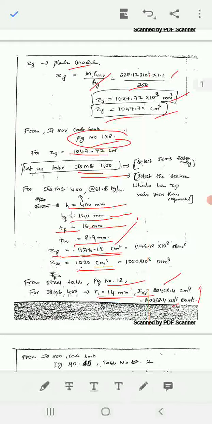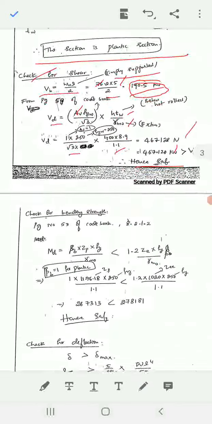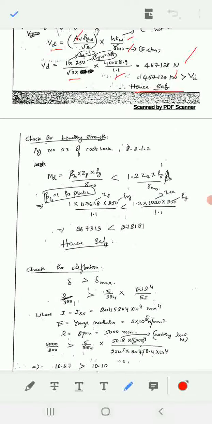So these two values should be there. Okay, here 1176, that is Zp, into 250 is fy, gamma m naught is 1.1, and 1.2 Ze, that is 1020 into 250 by 1.1. Then you will get values for these two, and if this equation is satisfied, it is safe.